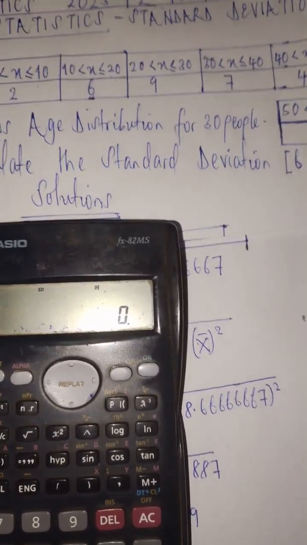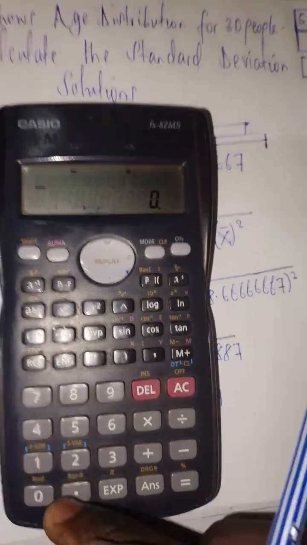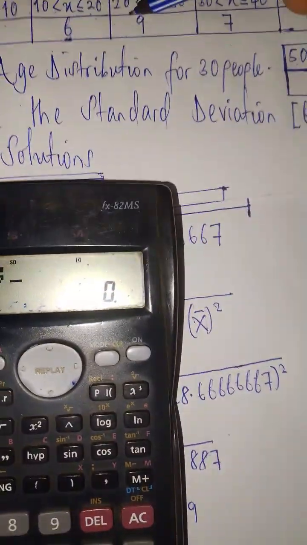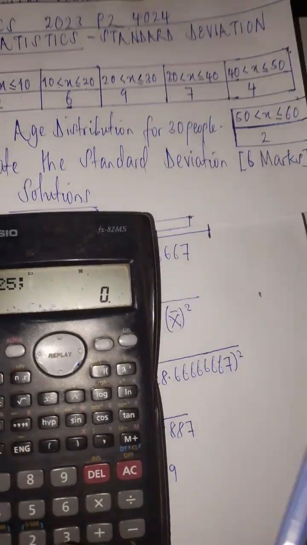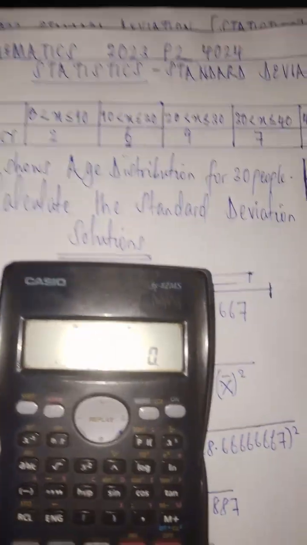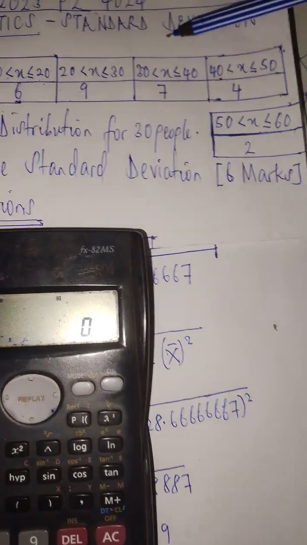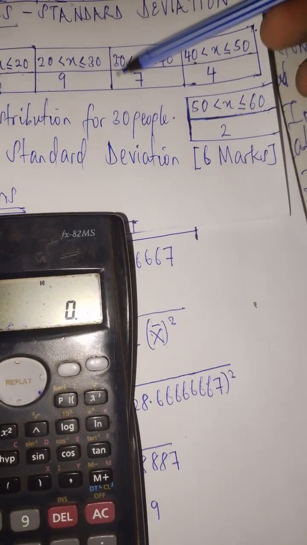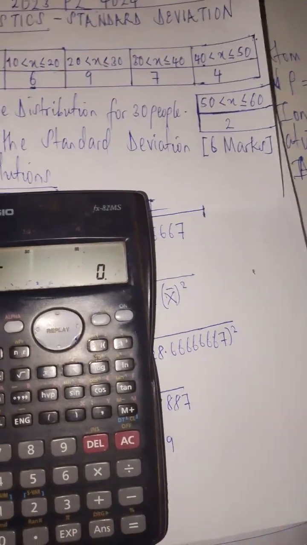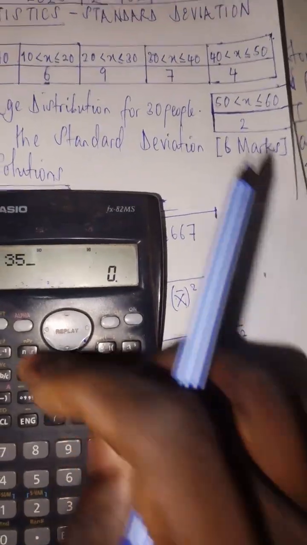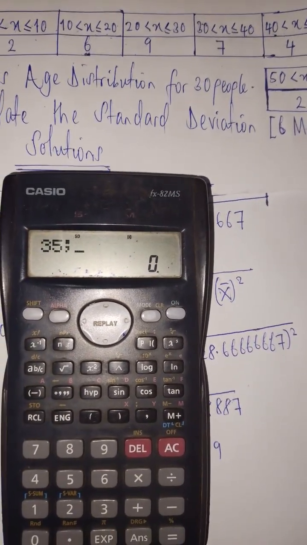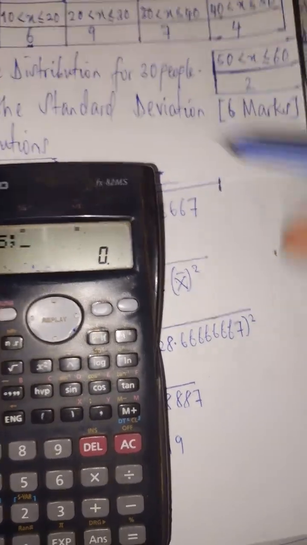Then I'll go to the next one, which is this one. The midpoint was 25, so I'll enter 25, then semicolon, the frequency was 9, so I'll enter 9, M plus, on. Then I'll go to the next one, which was 30 and 40. The midpoint there was 35, so I'll say 35, shift, then semicolon, the frequency is 7.